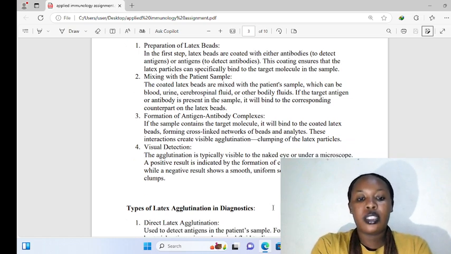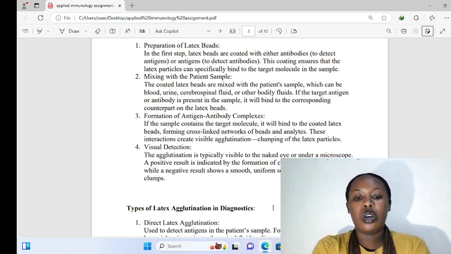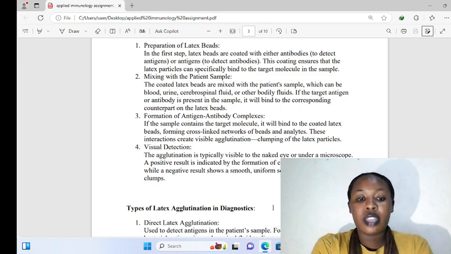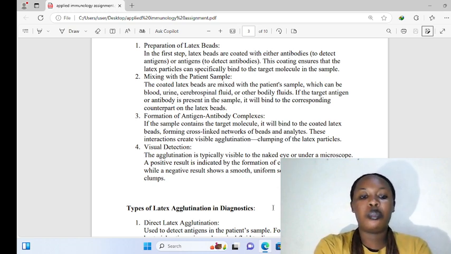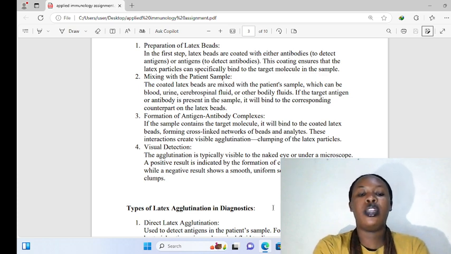The coated latex beads are mixed with the patient sample, which can be blood, urine, cerebrospinal fluid, or other body fluid. If the target antigen or antibody is present in the sample, it will bind to the corresponding counterpart on the latex beads.